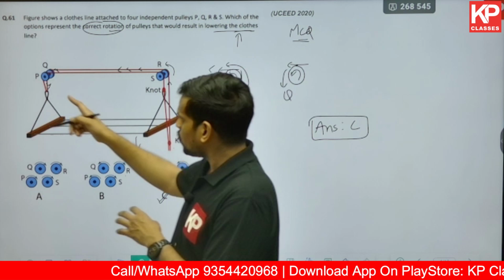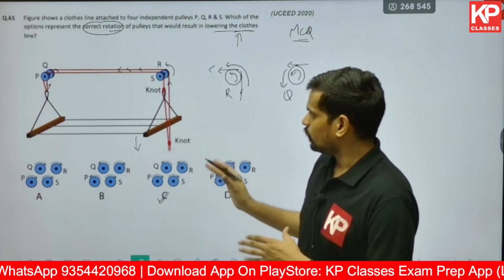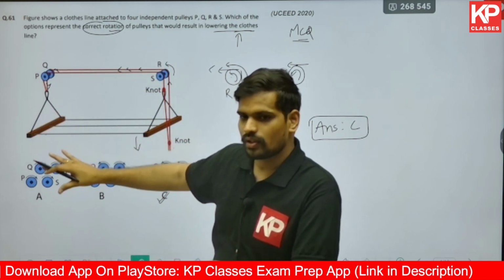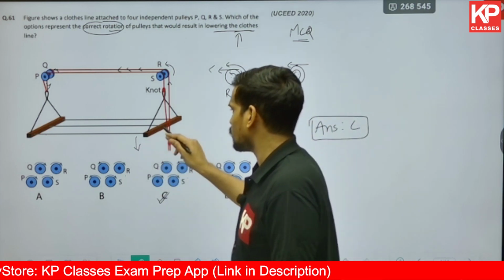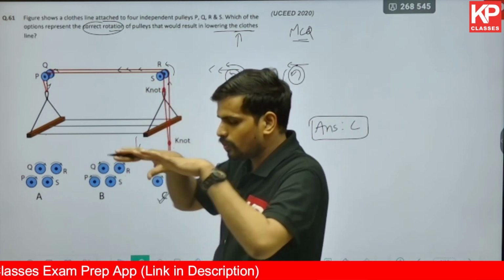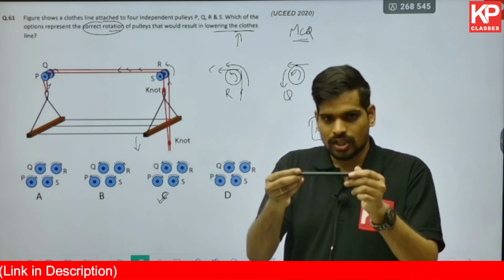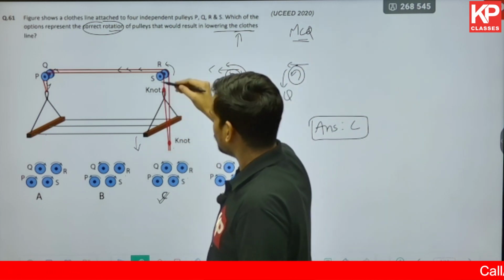Now looking into P, because of this movement towards the left side, we can visualize that the left part of the clothesline can move downwards, but the right part has to move downwards with a balanced position completely. So this knot, because it is tied over here, has to come down.